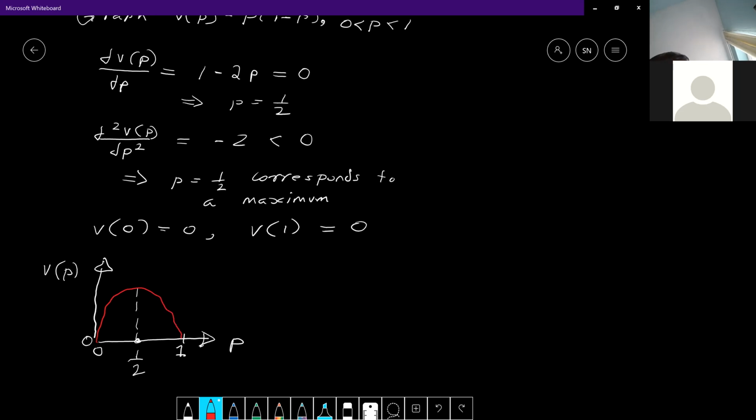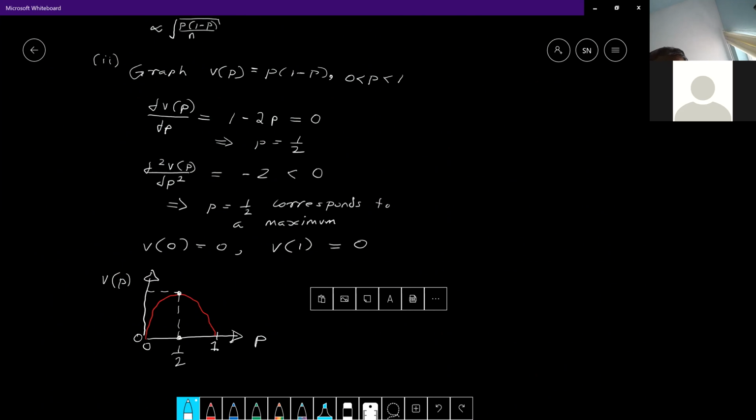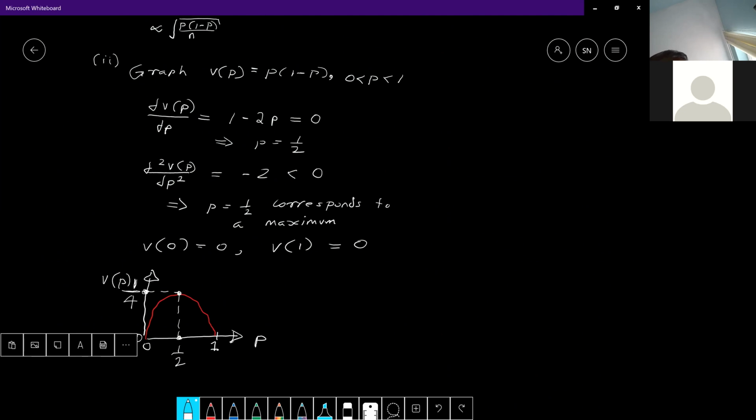So it is 0 at 0, 0 at 1, and at half, it takes the largest value. So this point here is the largest value. If you put p equal to half into the original function, which is p times 1 minus p, you will get a quarter. So this point here must be a quarter. Okay, do you follow me or not?